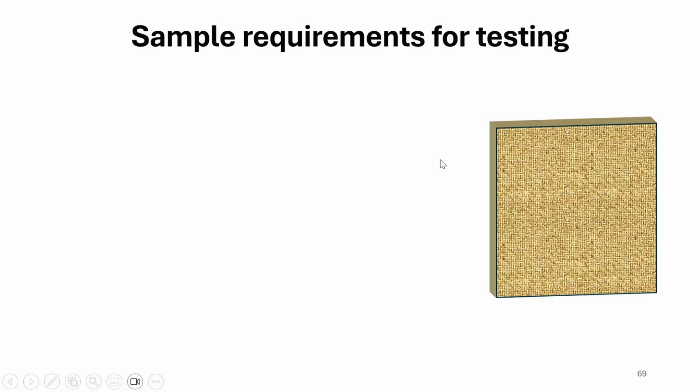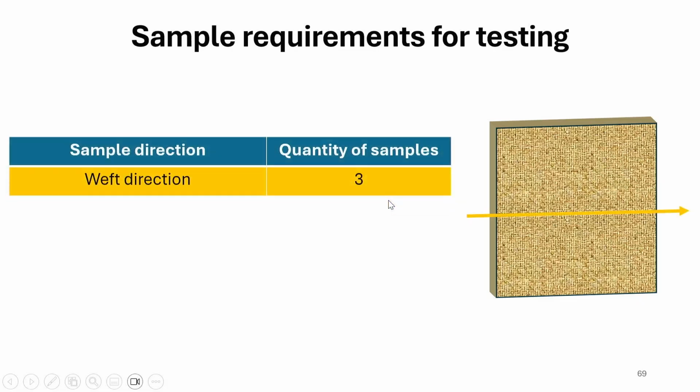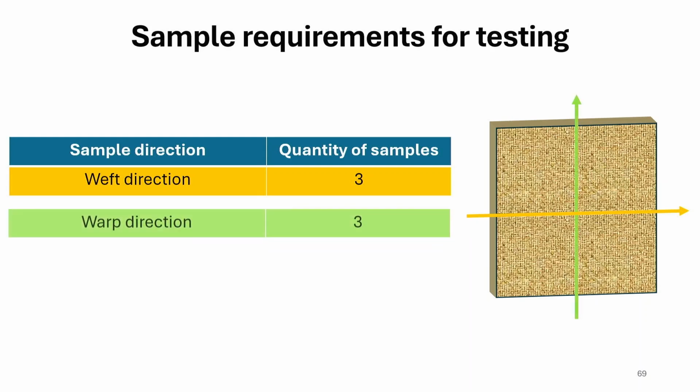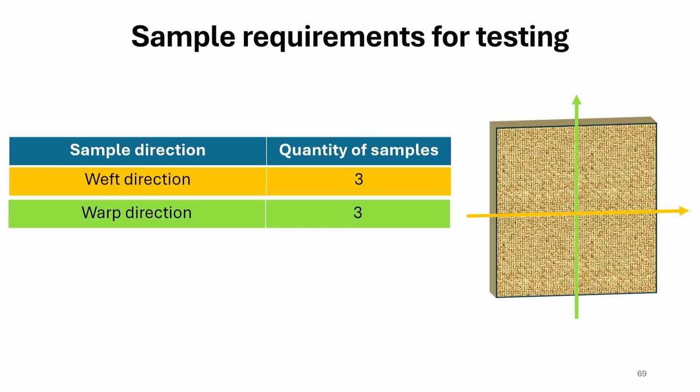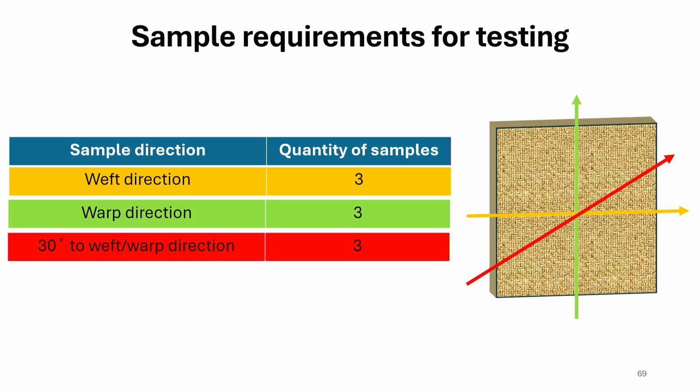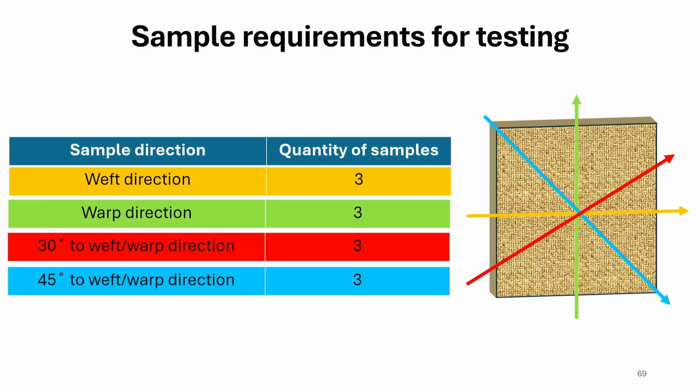Sample requirements for testing. For testing we need a large number of samples. In weft direction we need 3 specimens, then warp direction again 3 samples, then at 30 degrees from either warp or weft direction 3 samples again, and at 45 degrees 3 samples.